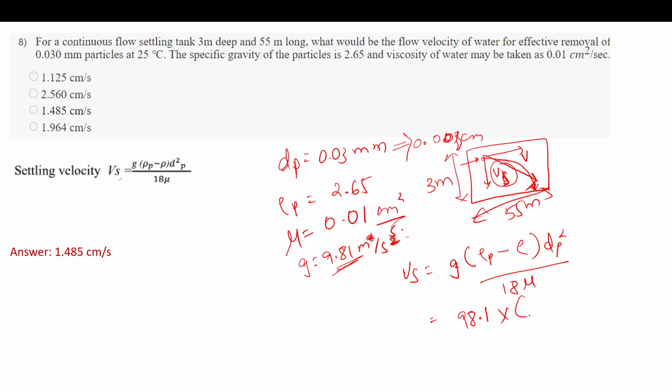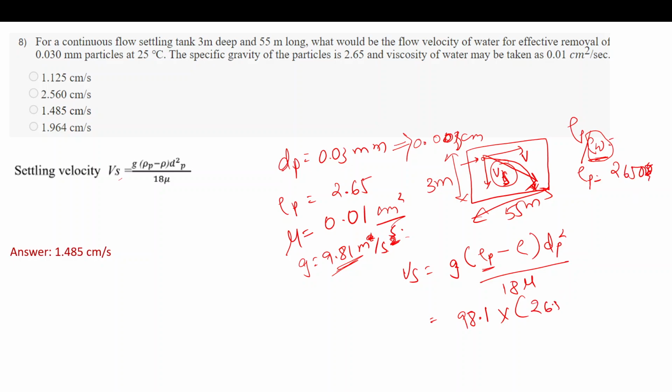I hope all of you are following. Now rho p is given to you as 2.65 specific gravity. Specific gravity means it is rho p by rho w. If any basis is not given, you always take rho w as the reference. So here it is normalized with reference to some reference density. So rho p will be, if rho w is 1000, 2650.